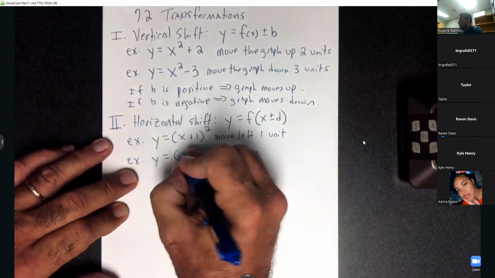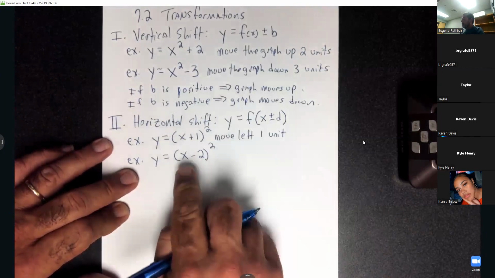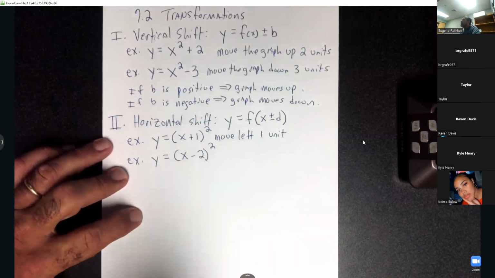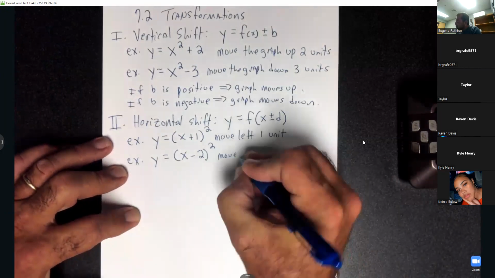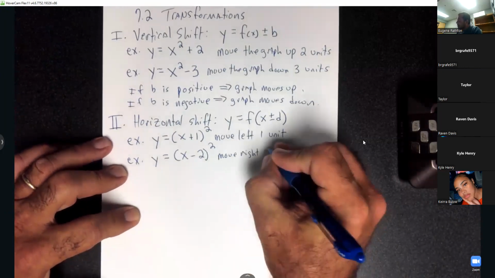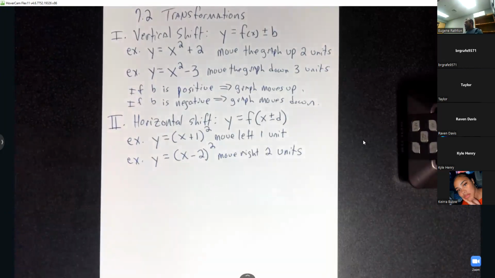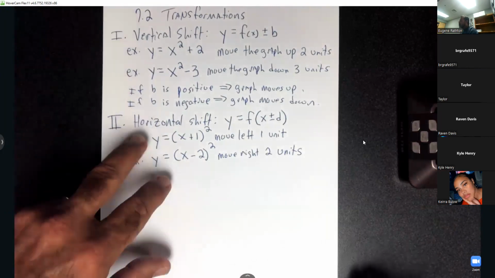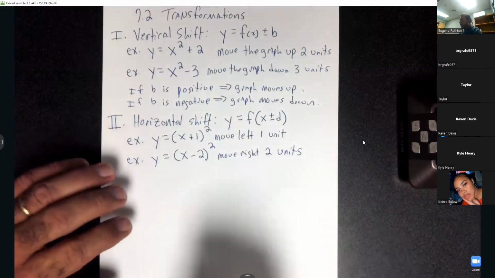Now, likewise, if I subtract from my x before I square it, subtracting moves the graph to the right. So this one would move right 2 units. So vertical: adding goes up, subtracting goes down. Horizontal: adding goes left, subtracting moves right.